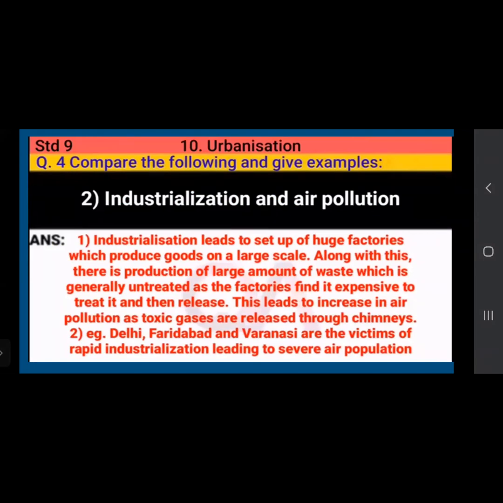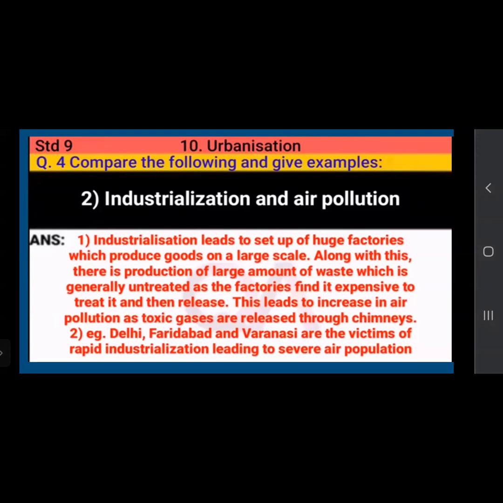So when a product is manufactured, along with the production of that product, waste product is also produced. So that waste product has to be treated, then released into the water bodies or, for gases, into the air.